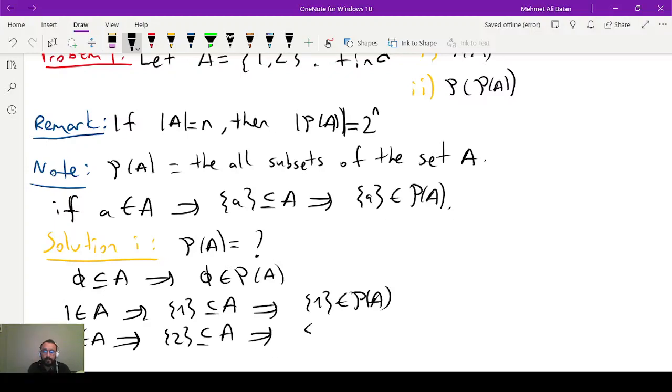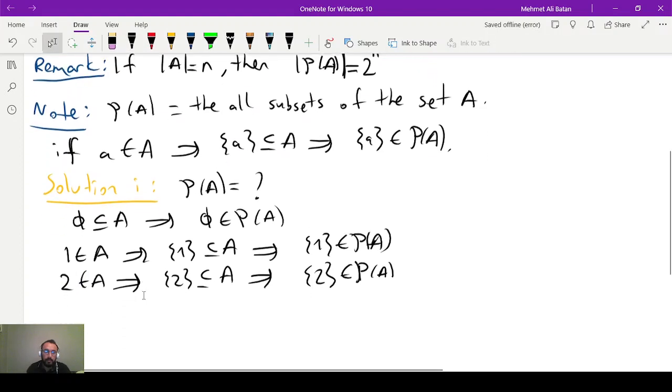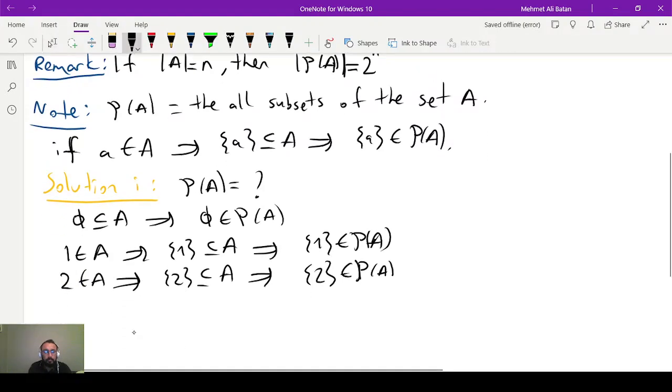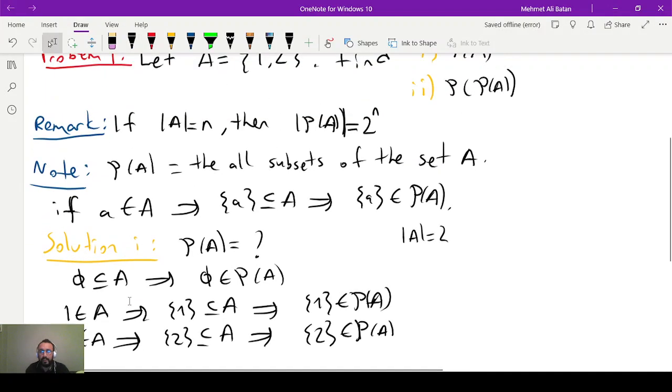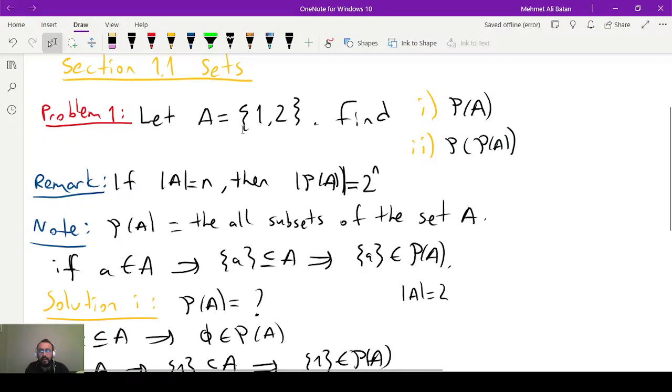This implies {2} is an element of the power set of A. And finally, I am saying finally, why? Because the cardinality of A is equal to 2, right? The set A has two elements which are 1 and 2.